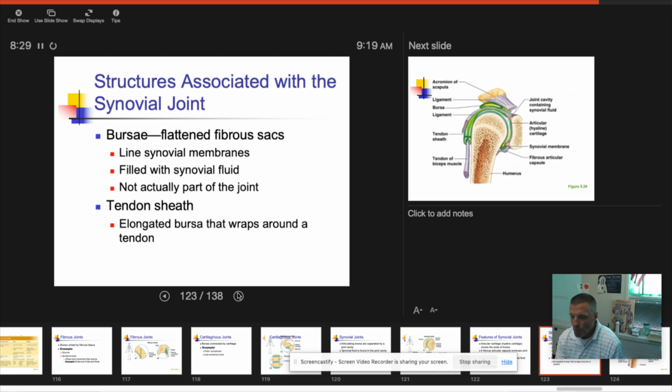And so on this next slide, we'll take a look at the picture of that, and particularly your shoulder joint where your humerus articulates with your scapula and clavicle.